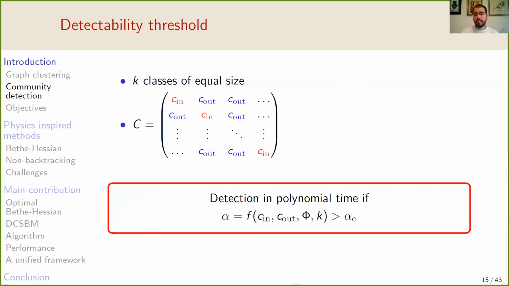But what we want instead is that if alpha is greater than alpha_c, then we observe these k isolated eigenvalues. This is the detectability threshold. Unfortunately, typical choices of M do not achieve the alpha_c threshold.